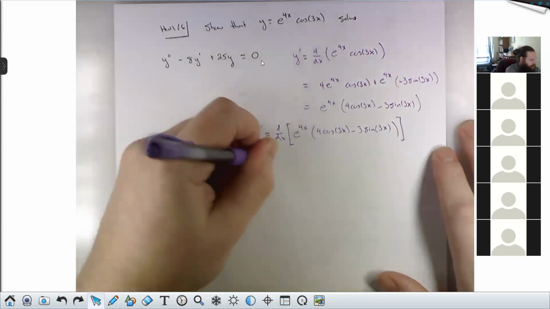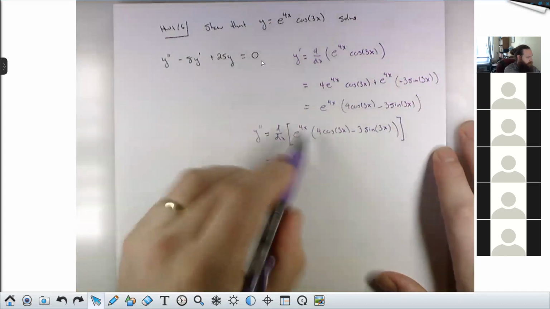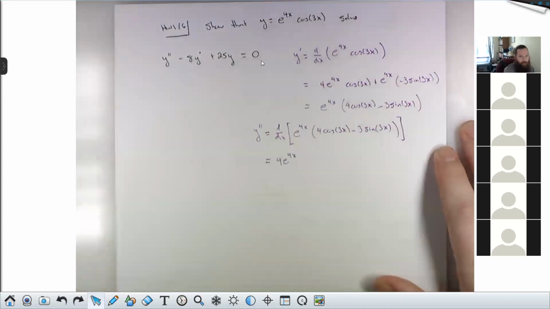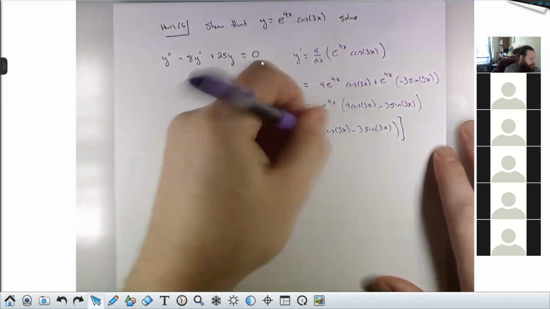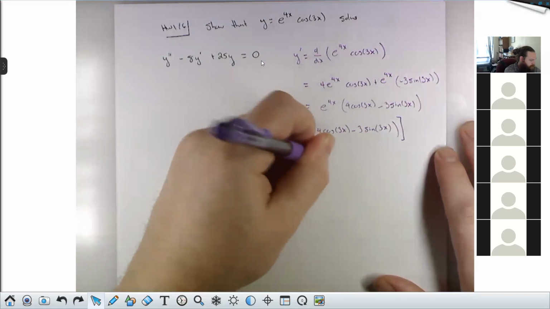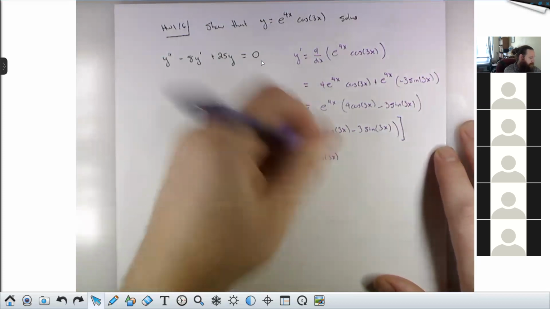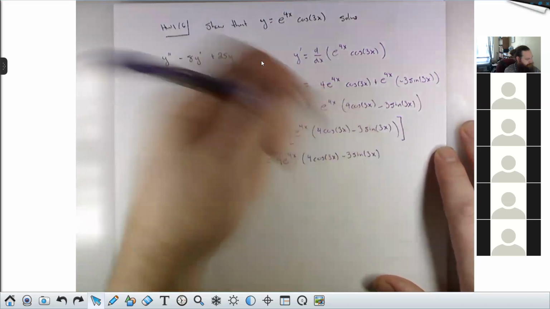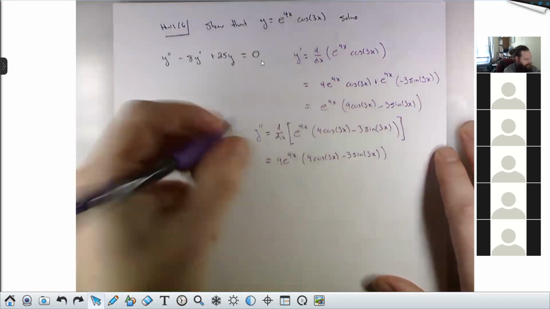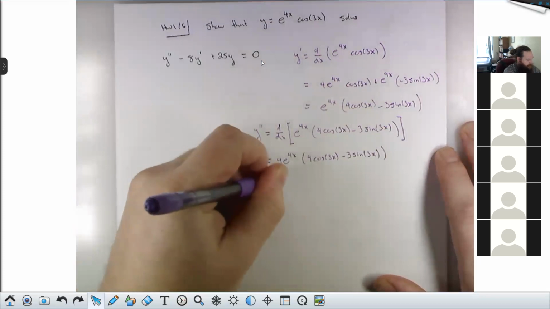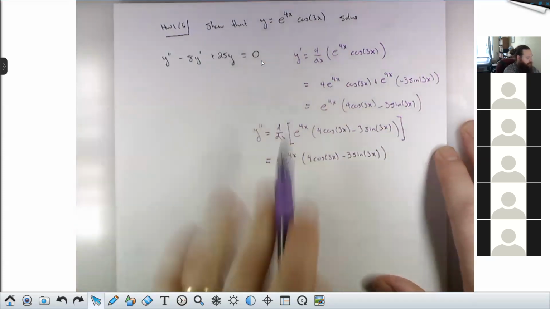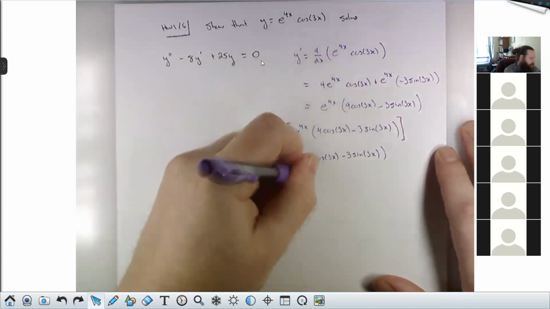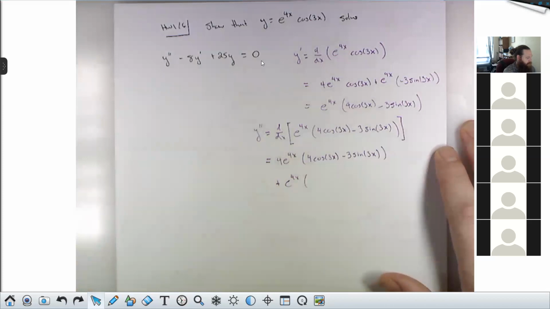Okay, if I give myself enough space here, derivative of e to the 4x is still 4e to the 4x, or e to the 4x times 4. And I'll leave this piece alone. And then I need to add to that, plus here, what I get when I leave e to the 4x alone and differentiate the 4 cos 3x minus 3 sine 3x.